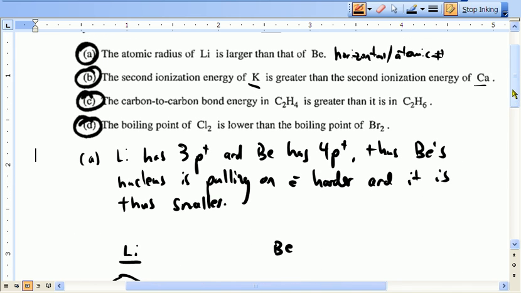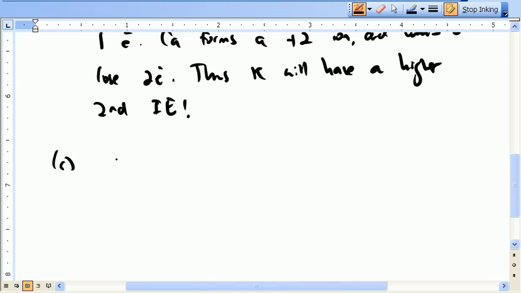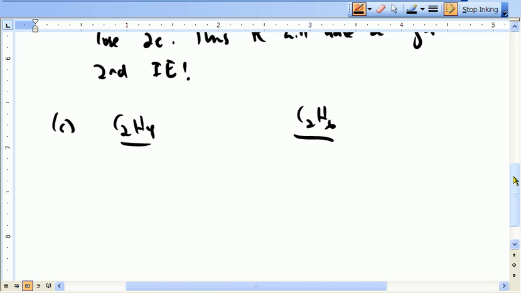And let's look at C. It says the carbon-carbon bond energy in C2H4 is greater than C2H6. So let's look at C2H4, C2H6. Whenever they're asking about the bond energy, that is not something we can see. So we really need to look at the intramolecular structure.